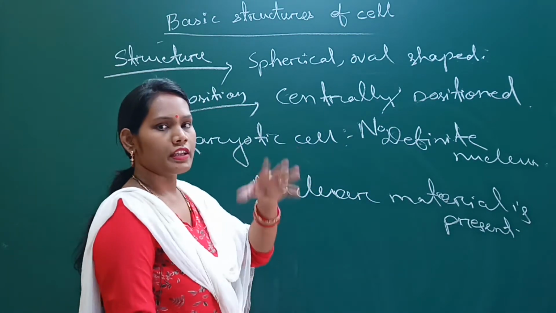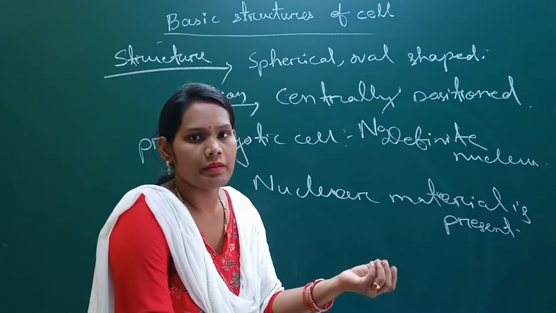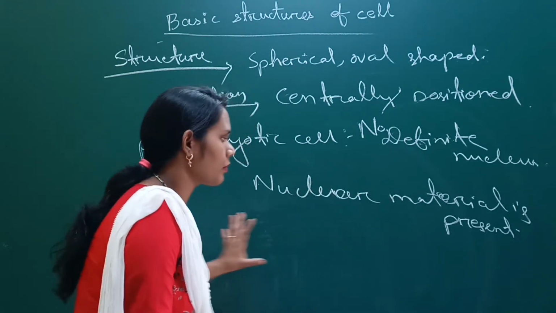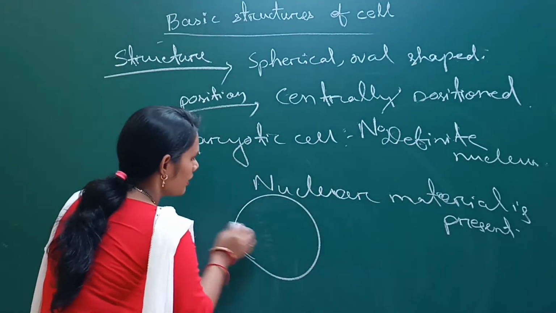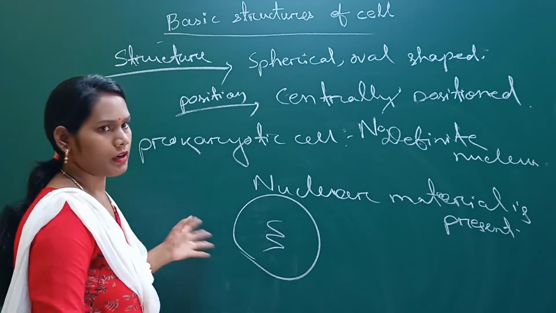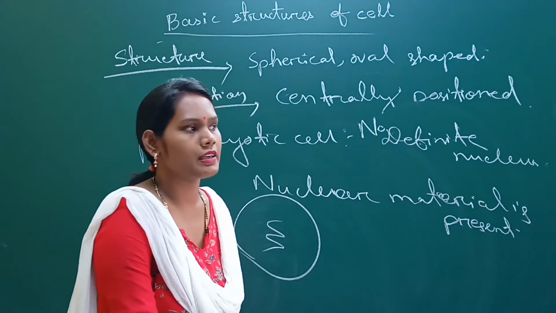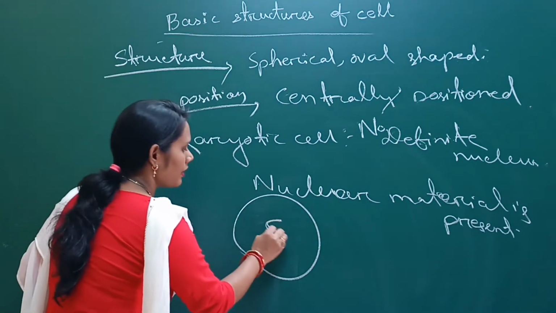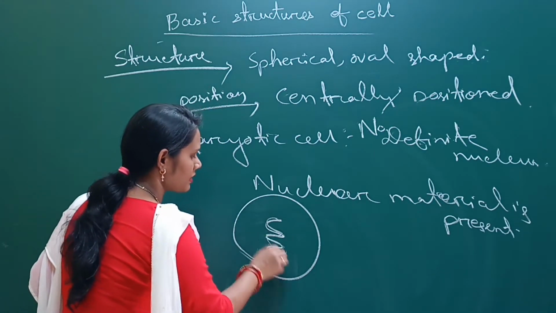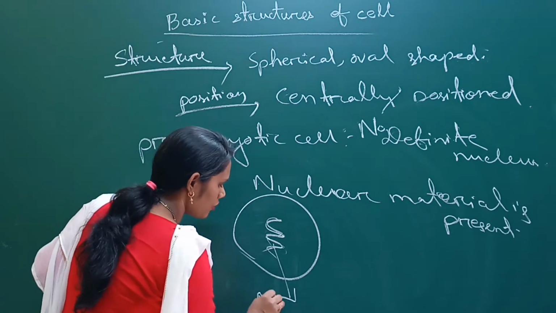Whatever nuclear material there is, it is all present in the prokaryotic cell: naked DNA, chromosomes, RNA, etc. But in a prokaryotic cell, only naked circular or folded DNA is present, and that is called the nucleoid.